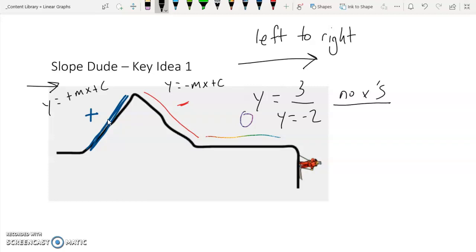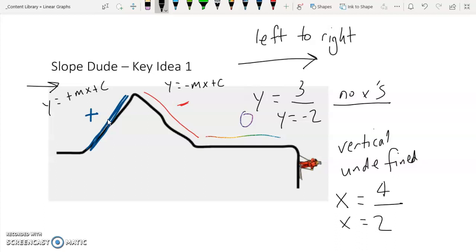These ones here, the vertical lines, mean it's an undefined gradient. What this means is that it's going to have an equation x equals something. So that could be x equals 4, x equals 2.